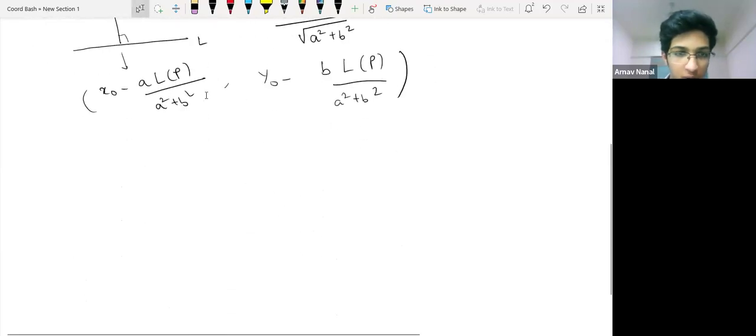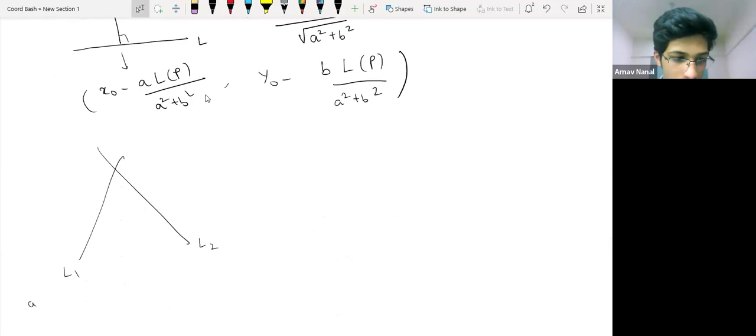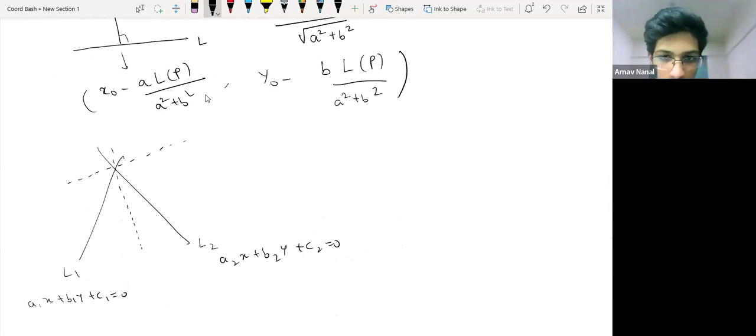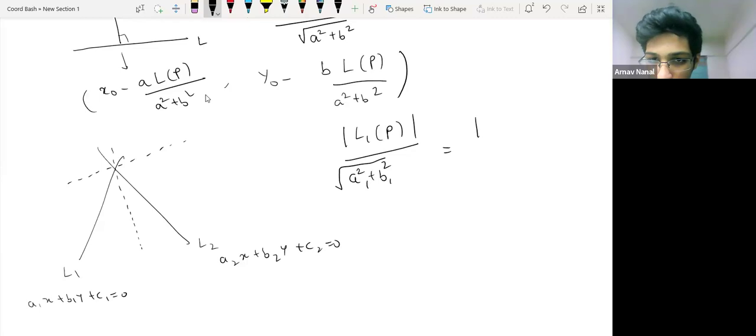What else is there? If you have two lines, L1 and L2, a1x plus b1y plus c1 equal to 0 and a2x plus b2y plus c2 equal to 0, then the angle bisectors will be given by mod L1 of P upon root of a1 square plus b1 square equal to mod L2 of P upon root of a2 square plus b2 square.